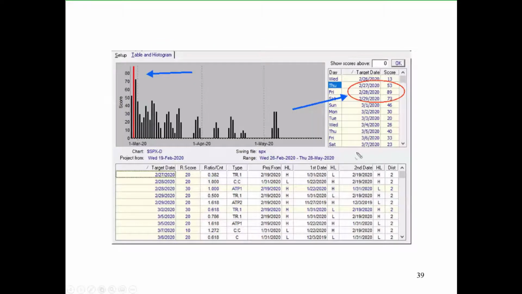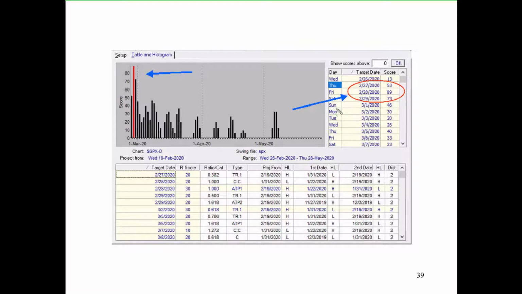This is a histogram that I use, the Dynamic Trader from my mentor, Robert Miner. And I'd probably be out of business if I did not have his software because it makes it so much easier. But here, what I do is I'll measure, for example, from a prior low or a prior high.